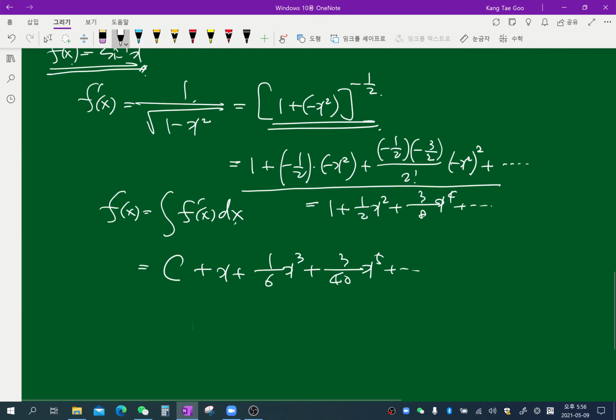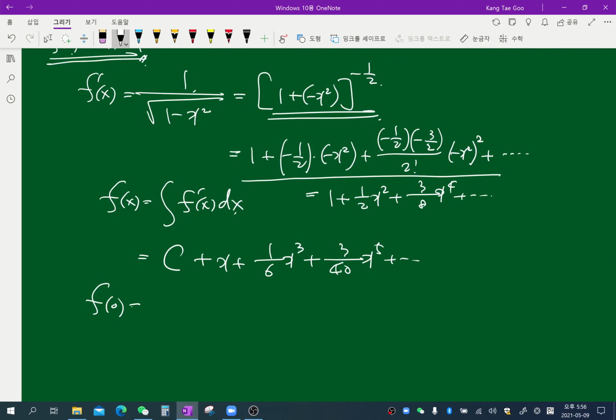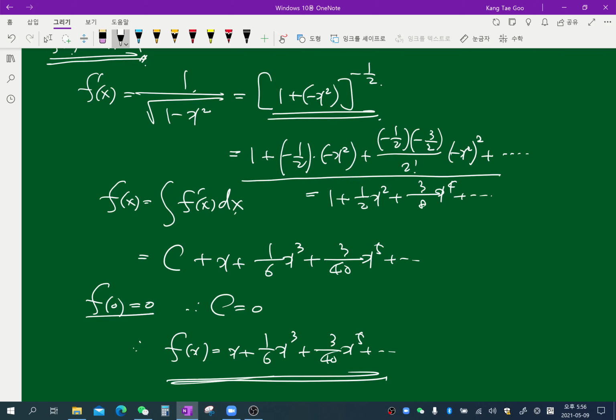We know f(0) is 0 because f(x) is sine inverse x, so c is 0. So f(x) is x plus 1 over 6 x to the power 3 plus 3 over 40 x to the power 5 plus and so on.